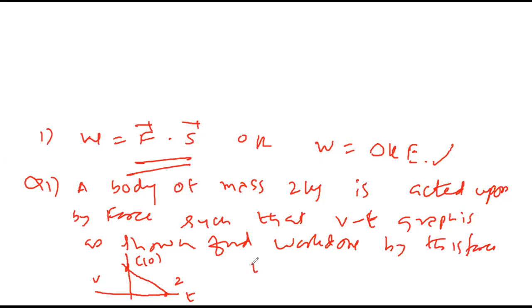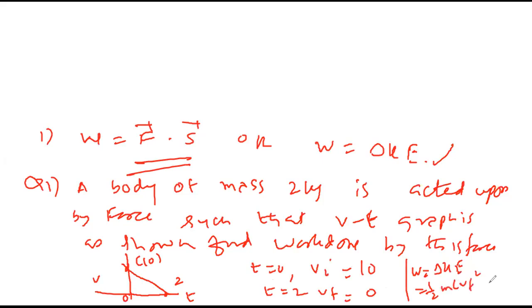What is the initial velocity when time is 0? Initial velocity is 10, right? Yes, sir. And when time is 2 seconds, what is the final velocity? 0. So work done equals change in kinetic energy, half m times final velocity square minus initial velocity square.